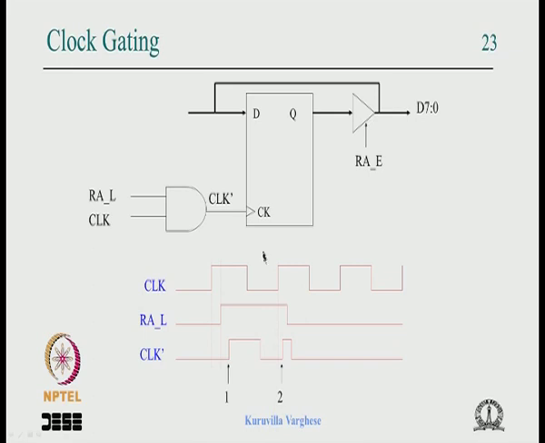We are expecting it to be clocked once, and it gets clocked twice. In the case of a register you may ask what is wrong with it, because say some data is here, you clock it and latch here, you clock it again, it may latch here.